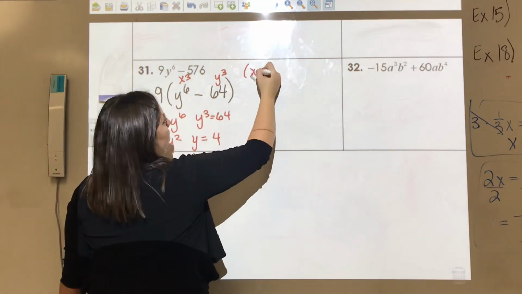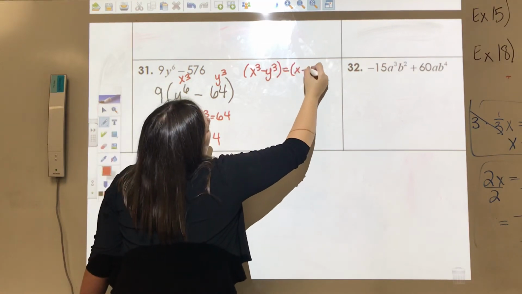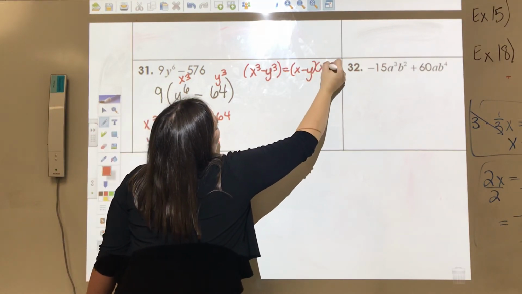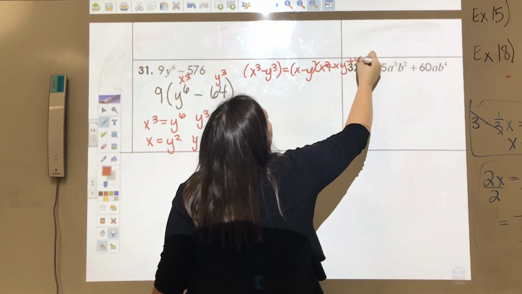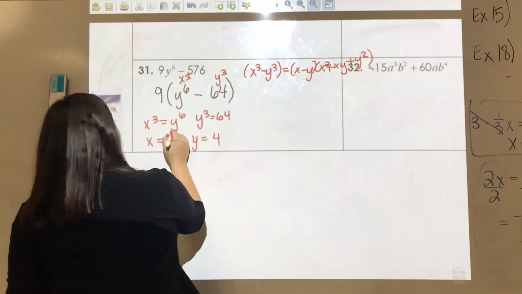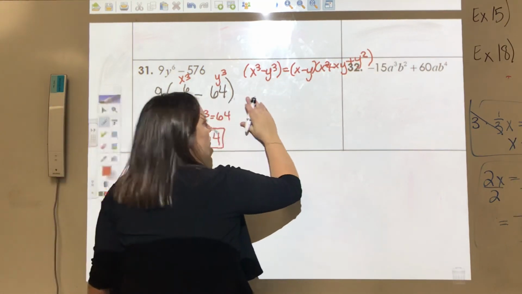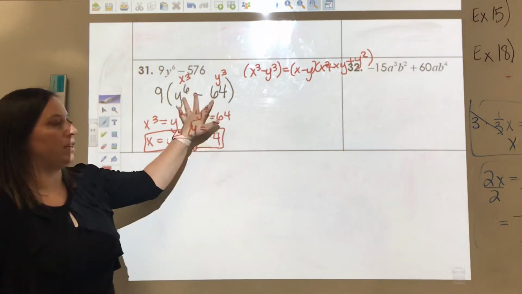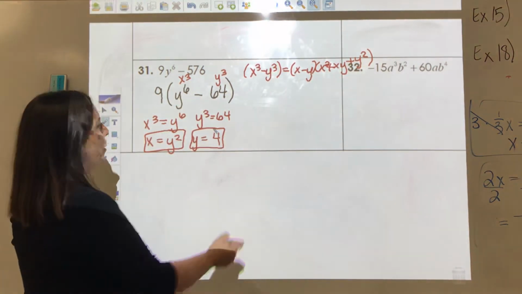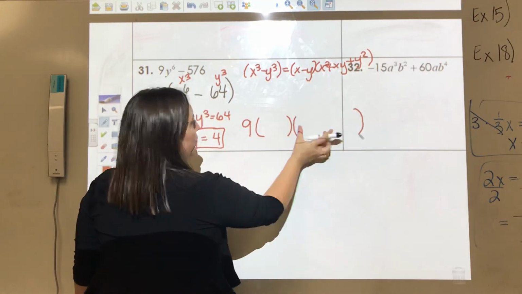Plug it into this formula: x minus y, x squared plus xy plus y squared. So we've got x equals y squared, that's going to go in the x spot, and y equals 4. Go ahead and fill out the rest here. Sorry about the mistake earlier, but this is a difference of cubes. So your final answer is going to look like this. Binomial, trinomial.